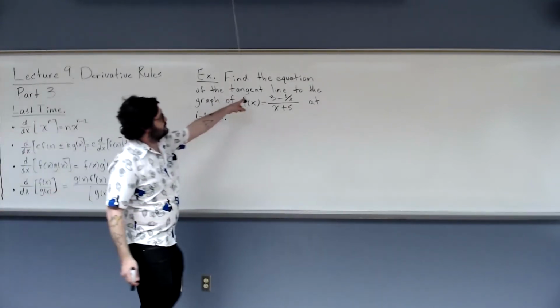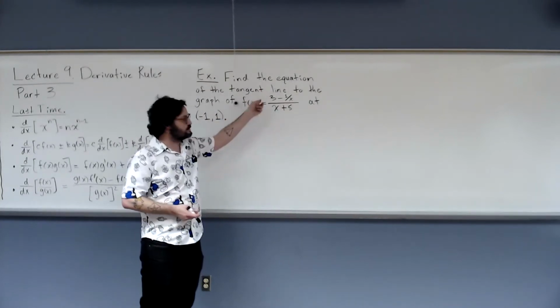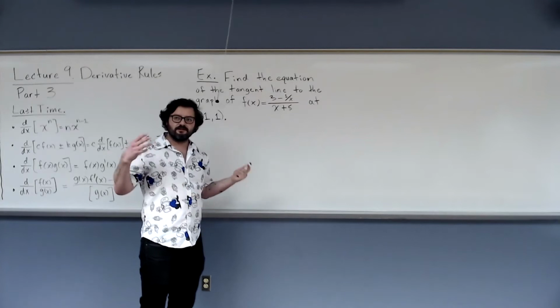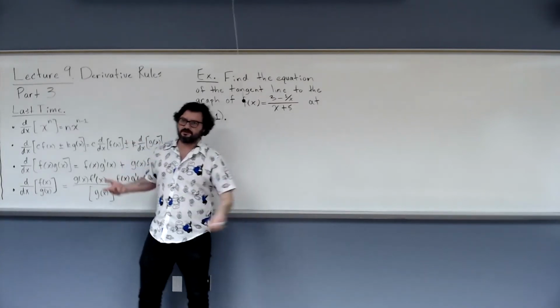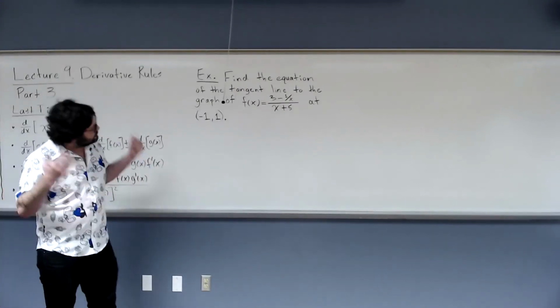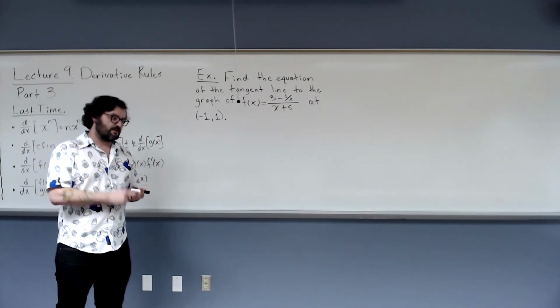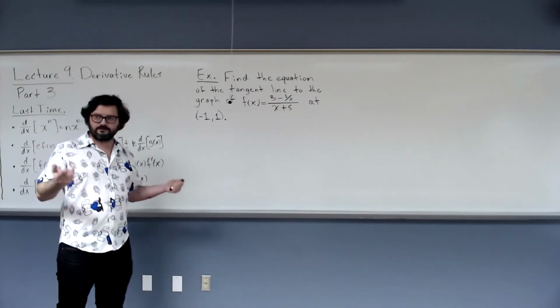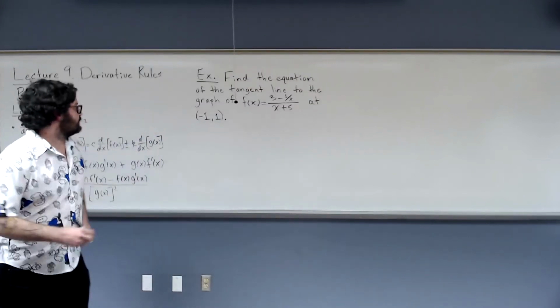So to find the equation of the tangent line, I use that slope and the equation of a line at that point to produce the final equation. There are several parts to it, and it's illustrative of problems that you will encounter in the homework and most definitely on your first exam. So let's walk through the solution.